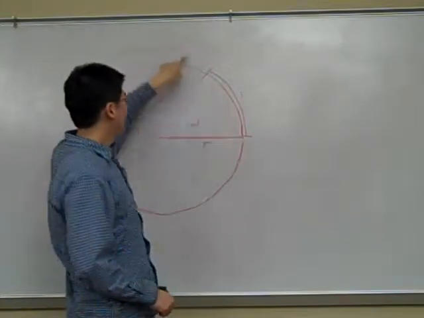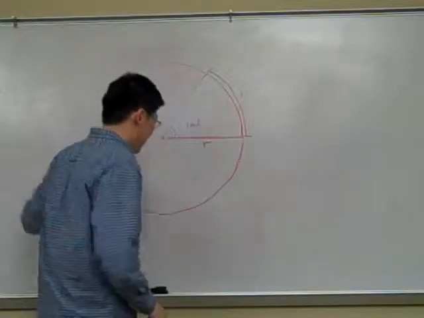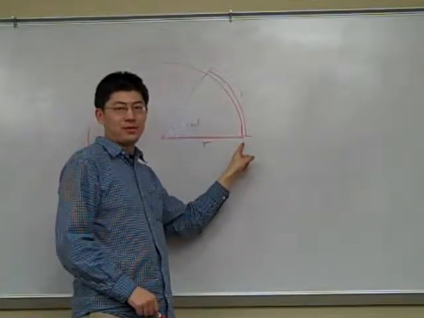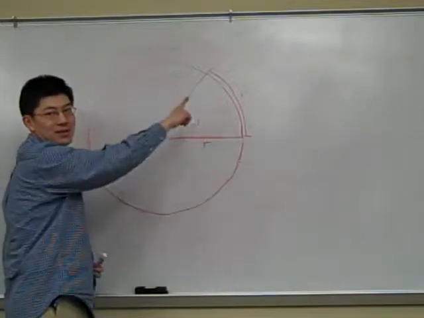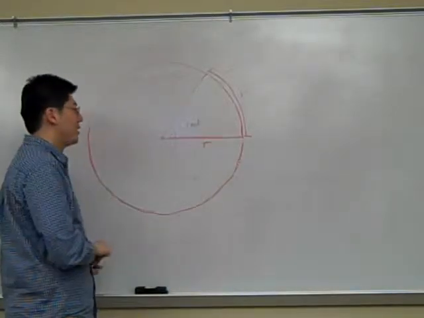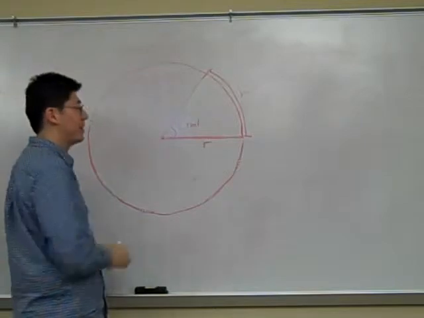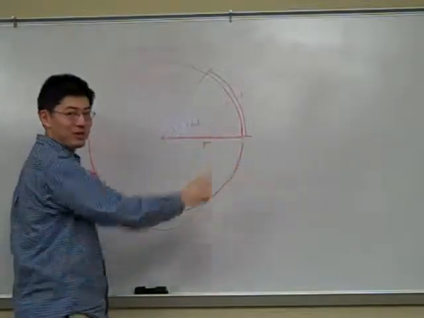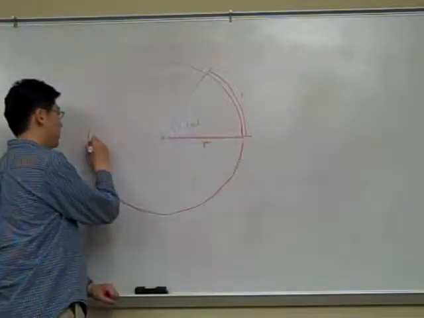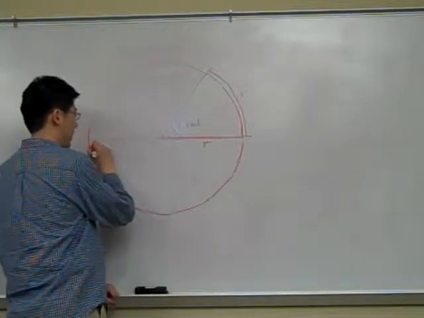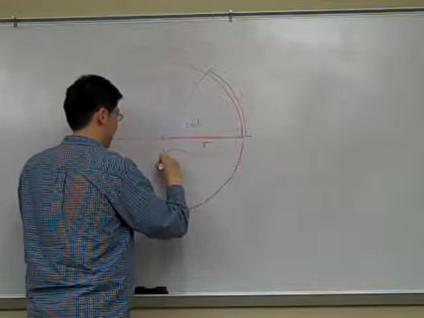So, how many radius lengths are around the full circle? Well, that just becomes the circumference of the circle, essentially, right? And the circumference of a circle, if you recall, is pi times the diameter. Here is the whole diameter of the circle, so d.